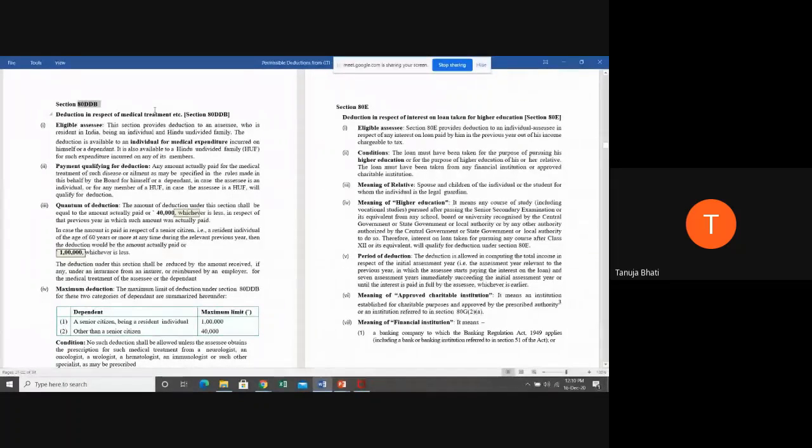The deduction amount under this section shall be equal to 40,000, or whatever amount of medical treatment he is making, whichever is less. Now suppose the individual is a senior citizen, 60 years or more, then the deduction would be 1 lakh rupees, or the actual payment made, whichever is less.